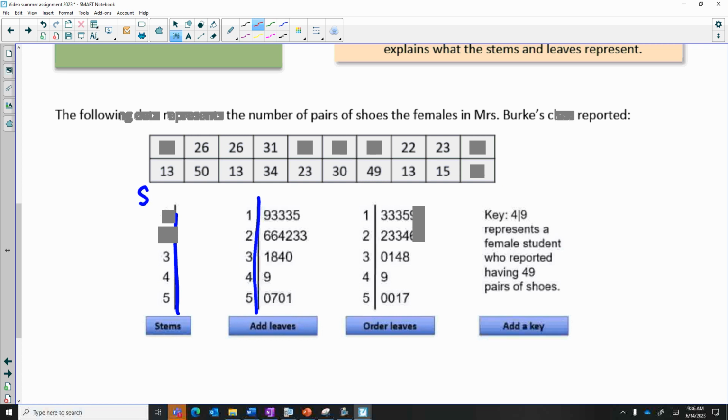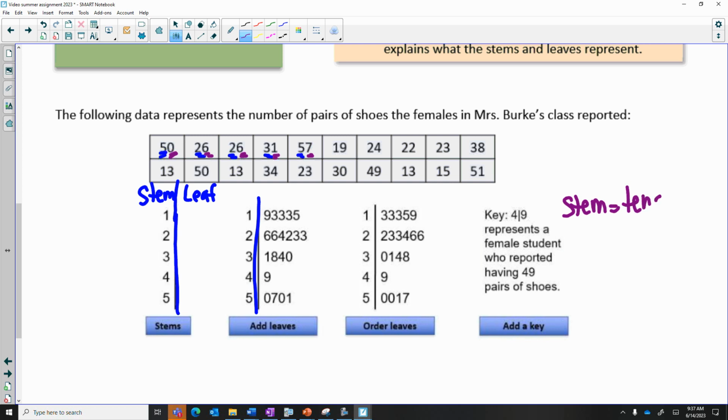So this is the stem, and this is the leaf. Stem, leaf, stem, leaf. In this case, it looks like we had double-digit numbers or two-digit numbers. So it looks like the stem is the tens place, and the leaf is the ones place. So I'm going to write that down. Stem is, in this case, the tens place, and the leaf is the ones place.